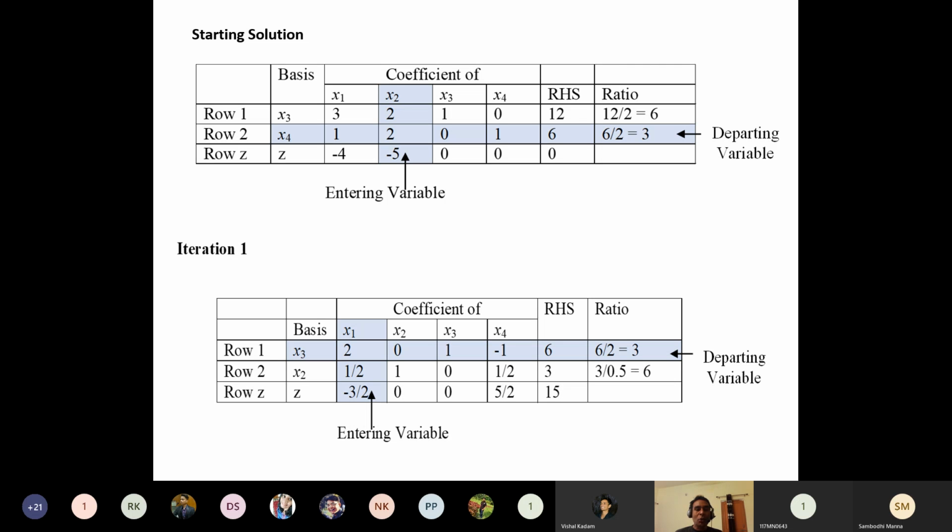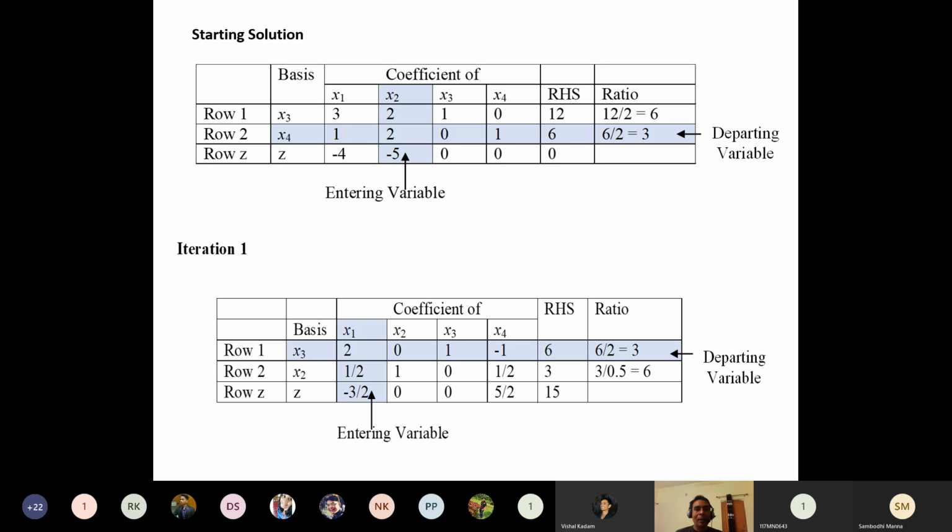Now, this is not the optimal solution. This is a feasible solution. That means we have started from the origin, so we have to search for the optimal solution. In the simplex algorithm, first we have to identify the entering variable with the maximum negative coefficient in the Z row.